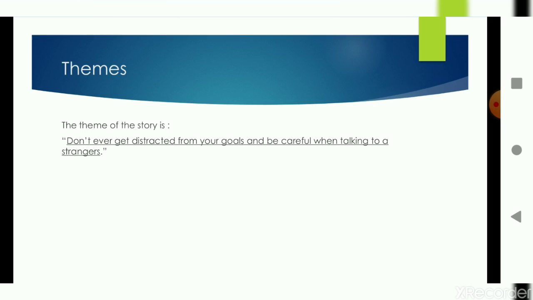The theme of the story is: don't ever get distracted from your goals, and be careful when you're talking to strangers. Just like what Little Red Riding Hood did, distracted by the wolf and talking to strangers. That stranger in the story is the wolf.